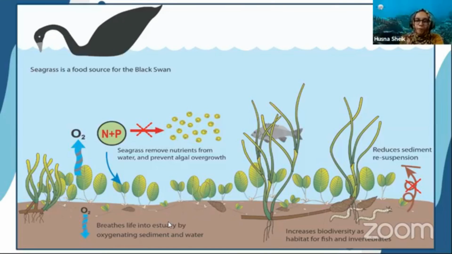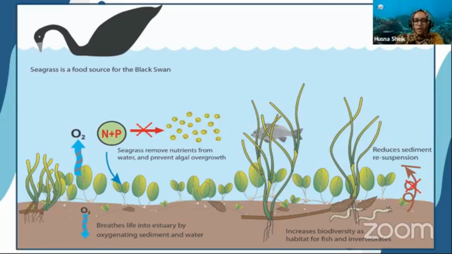They give oxygen, and they remove nutrients coming into the water, so they prevent algal blooms. With an increase of nitrogen and phosphorus nutrients, there can be algal blooms.